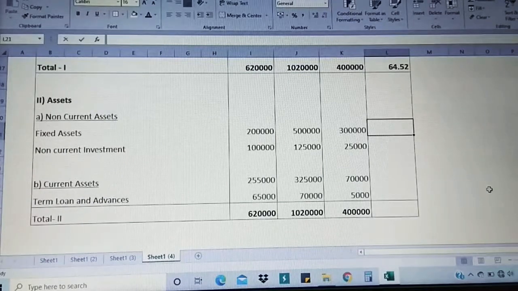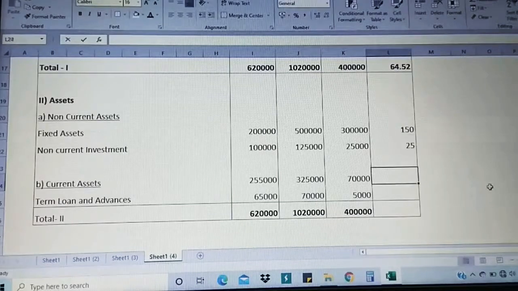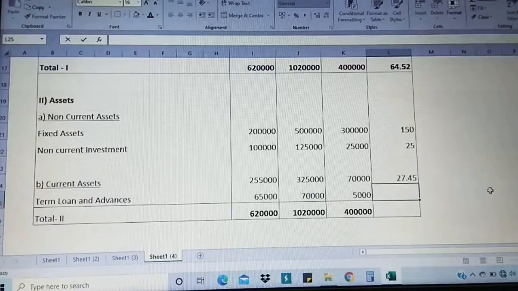Now 3 lakh divided by 2 lakh, percentage: 150. Then 25,000 divided by 1 lakh, percentage: 25%. Then 70,000 divided by 2,55,000, percentage: 27.45.